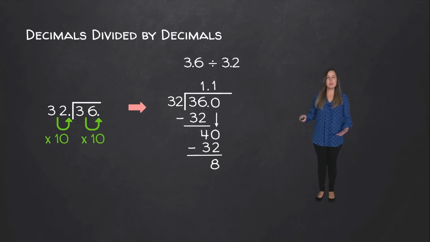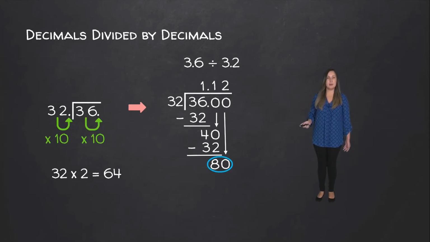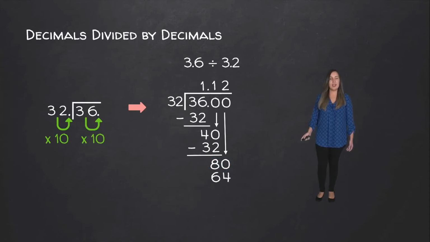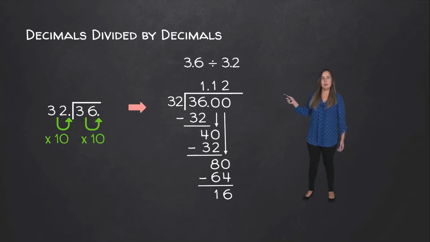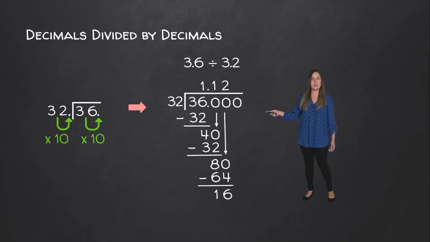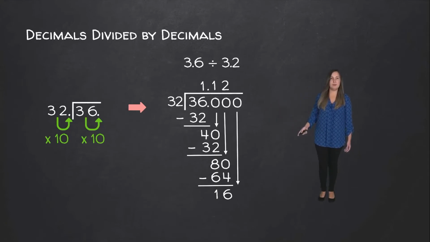Since we still have a remainder, we're going to add another 0 and bring that down. And then ask ourselves, how many times does 32 go into 80? That would be 2 times, because 32 times 2 is equal to 64. And then we subtract. 80 minus 64 is equal to 16. We still have a remainder, so we're going to add another 0 and bring it down.